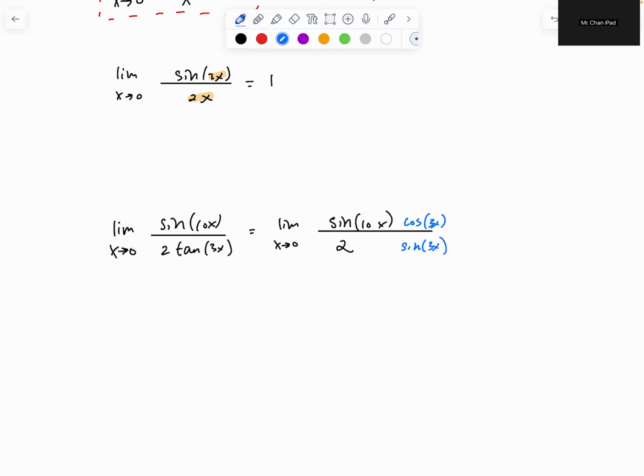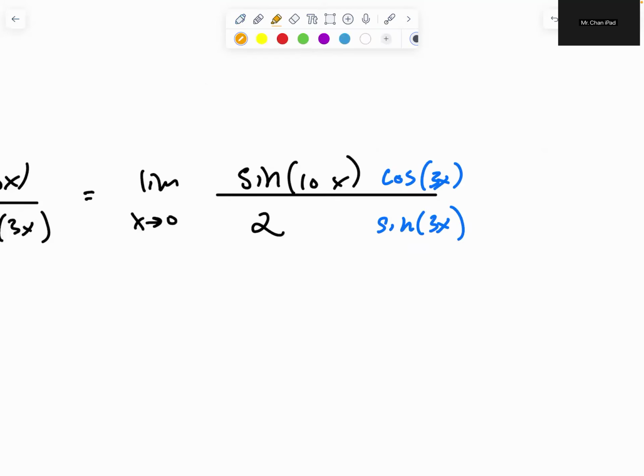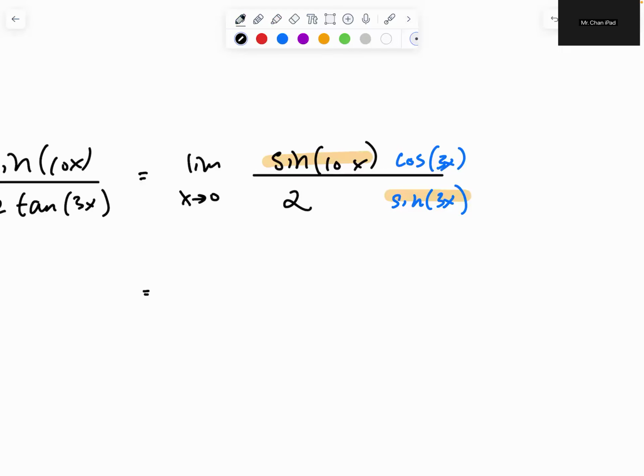But now, what's next? Well, what is the problem here? The problem is really about these two. Because when you substitute 0 into these x's, you get 0 over 0. So now we have to design our limit in such a way that it will be something nice.